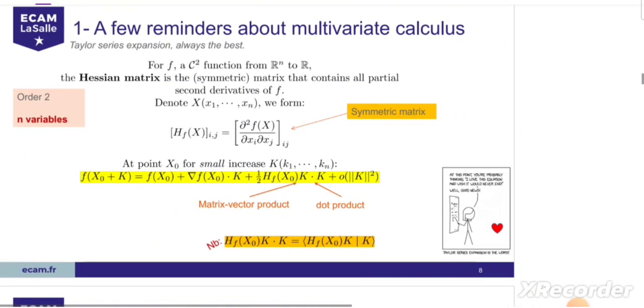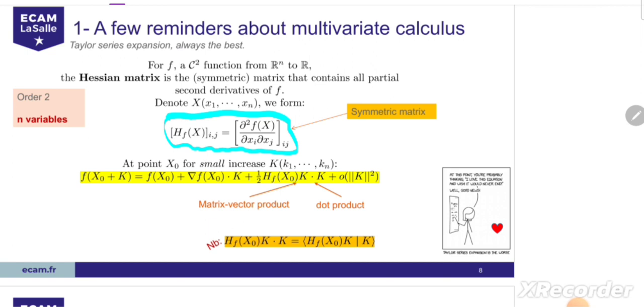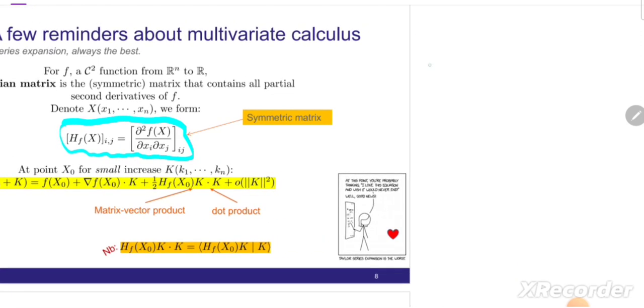Okay? So it's really something you could write, but we want more generalization. So this is where we're going to use some better notation, and something that we have also already dealt with, which is the Hessian matrix. If you don't remember about the Hessian matrix, never mind. It's just a matrix that contains all the second order derivatives. So for instance, if I've got 2 variables, my function f of x y, how many second order derivatives? I've got the derivative according to x x, x y, y x, y square.